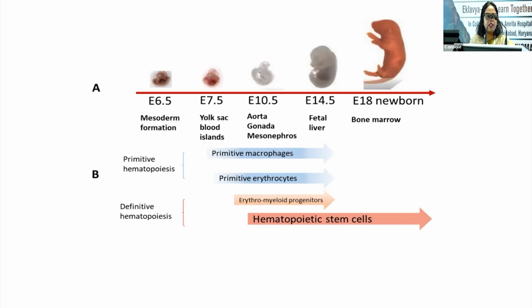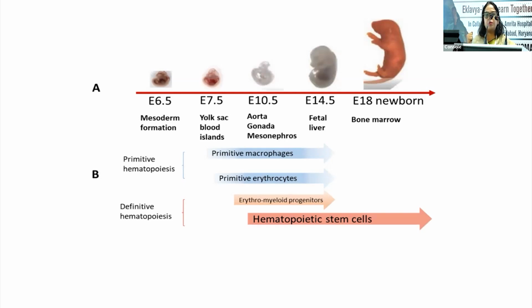After 2 to 3 days of the establishment of primitive hematopoiesis, definitive hematopoiesis gets established in the anterior portion of our mesonephros, that is the AGM region, aorta, gonads, and mesonephros region. By the mid-second week it gets established.